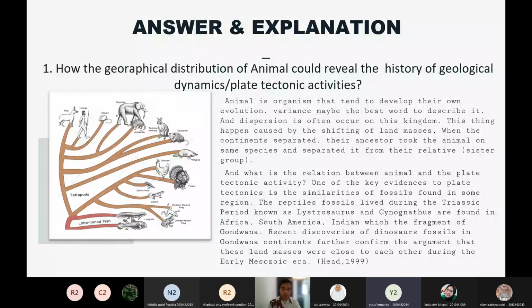The reptile fossils that lived during the Triassic period, known as Lystrosaurus and Cynognathus, are found in Africa, South America, and India, which were fragments of Gondwana. Recent discoveries of dinosaur fossils in the Gondwana continents further confirm the argument that these land masses were close to each other during the early Mesozoic era.